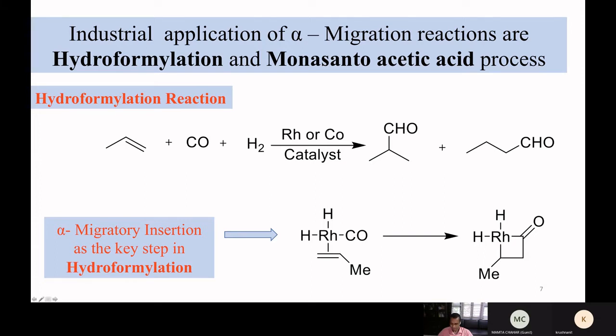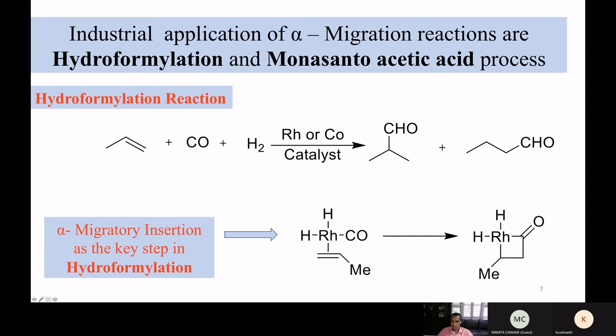Overall, you see an alpha migratory insertion going on, where the olefin gets attached at the alpha position of the carbonyl.